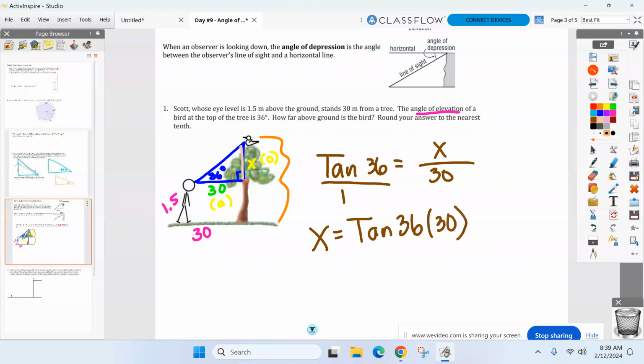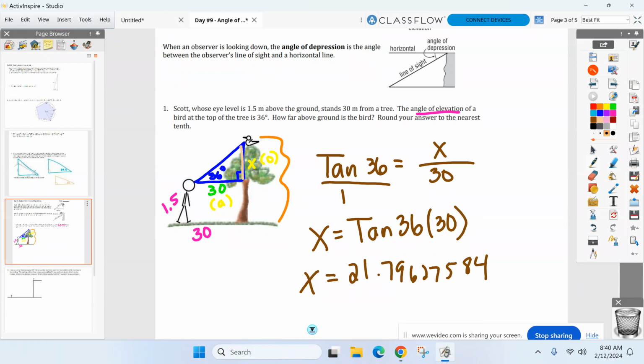Make sure you're in degree mode too. I don't know who's been using your calculators and if they're playing around with it or not, making life difficult. Again, I'm going to write it out myself, 21.79627584.